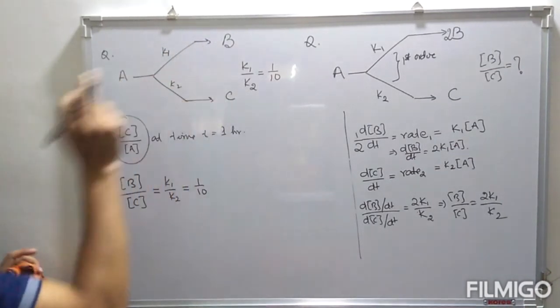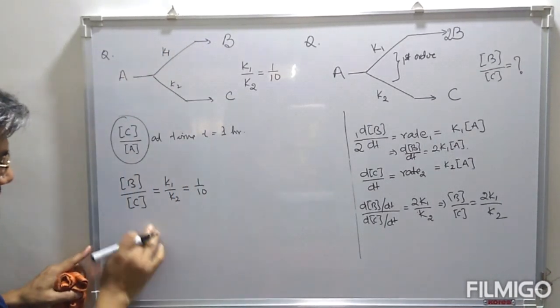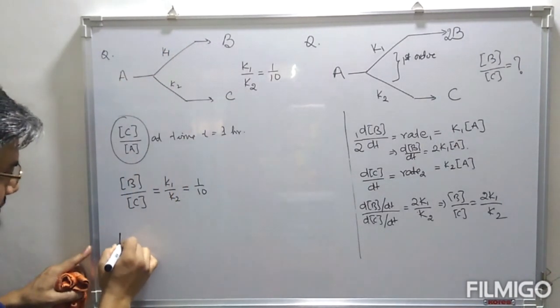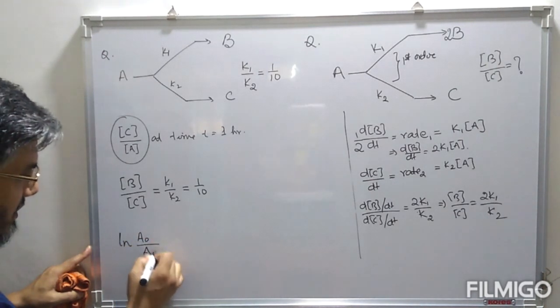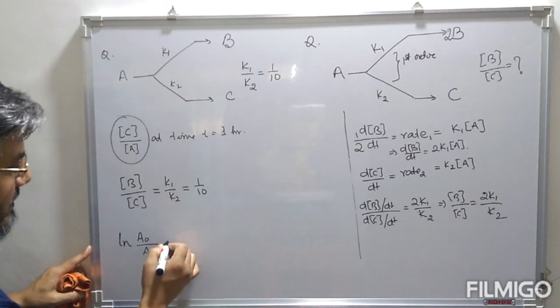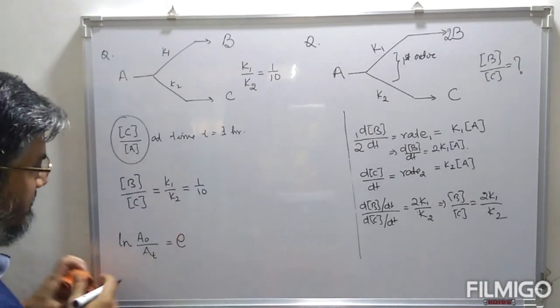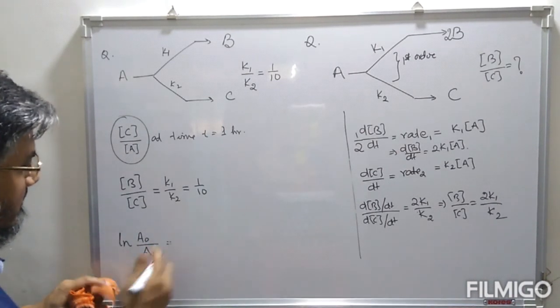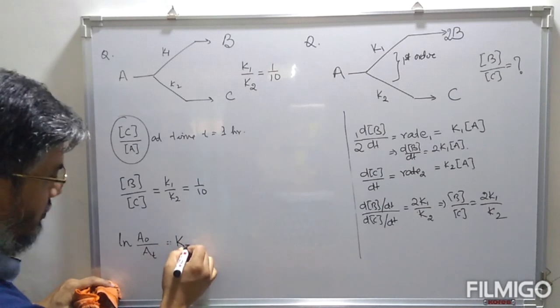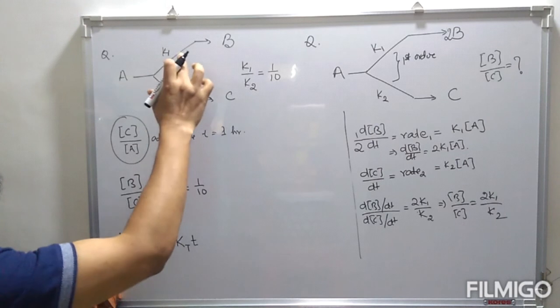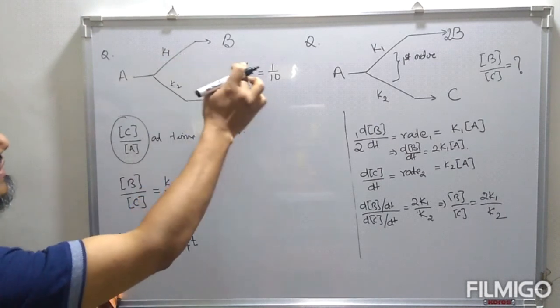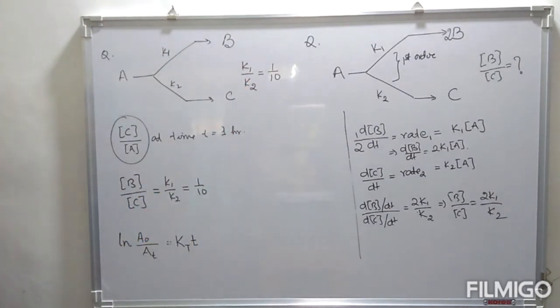Now this reaction is a first order kinetics. So applying first order kinetics, we have ln A naught by At is equal to K total into time t. Now for this K total, that is K1 plus K2.